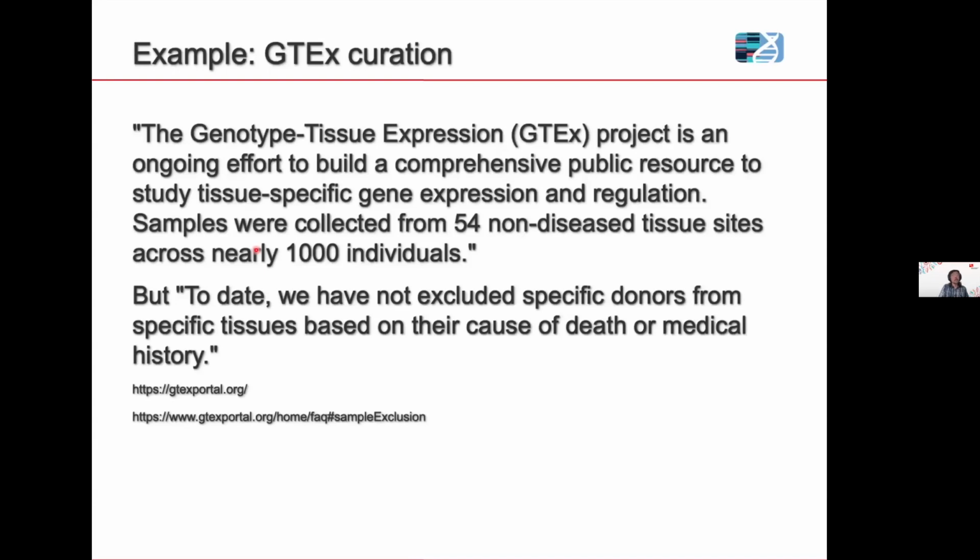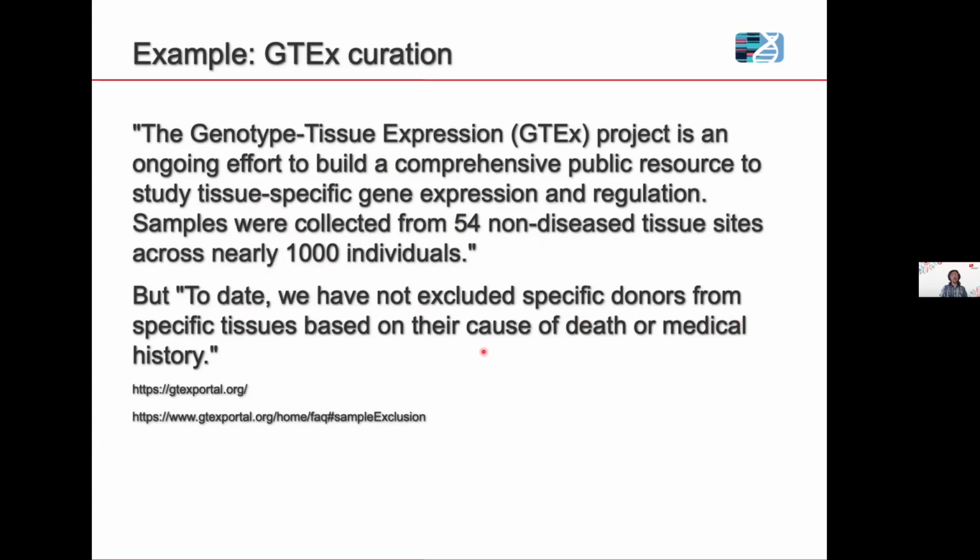So an example of looking at wild type healthy, so some of you actually cited GTEx. So GTEx is partially curated. It is a very large data set of bulk RNA-Seq from humans. And in the description, they say that they collected non-disease tissue sites across 1,000 individuals, but they did not exclude specific donors from specific tissues based on their cause of death or medical history.